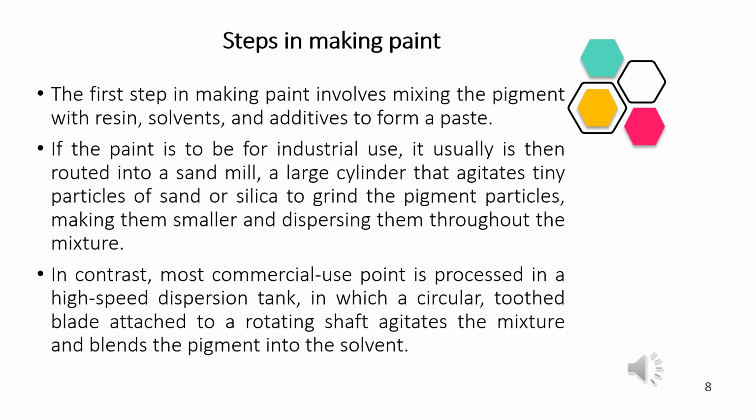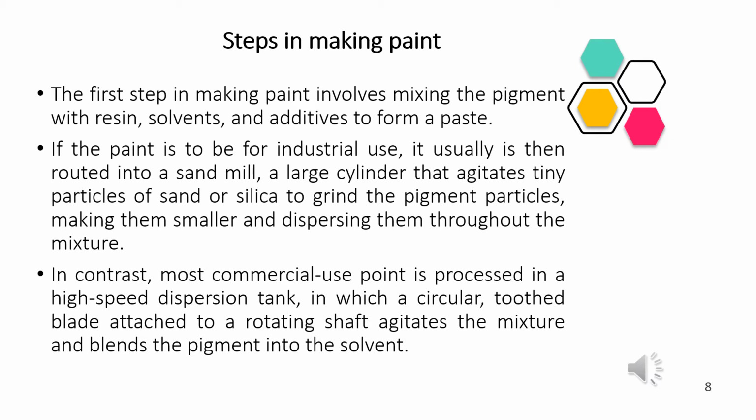So, in the first step, we mix the pigment with resin and solvents. After adding the pigments with resins and solvents, we can add certain additives, and by adding certain additives to the pigments, resins and solvent, a paste will be formed.